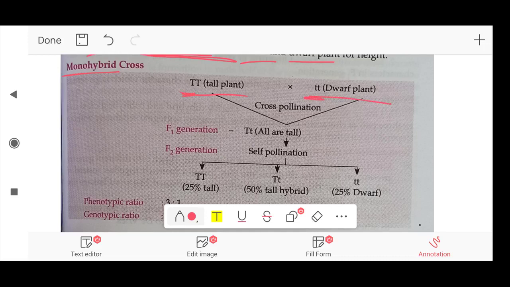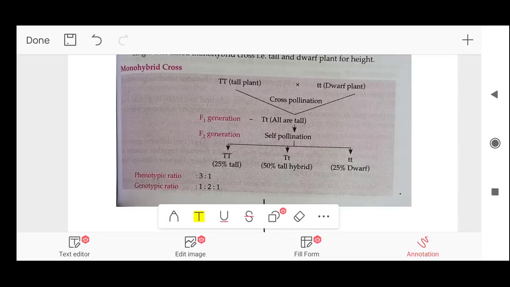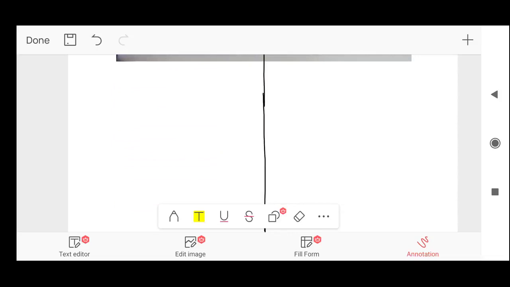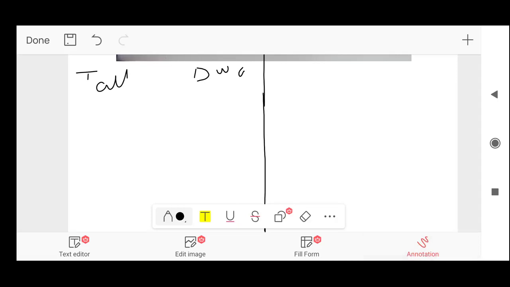Now I'll try to make this cross-pollination clear through a diagram of the F1 and F2 generations. Let's see it through the diagram. In the first generation, he took one tall and one dwarf plant. Tall is capital T, and dwarf is small t.